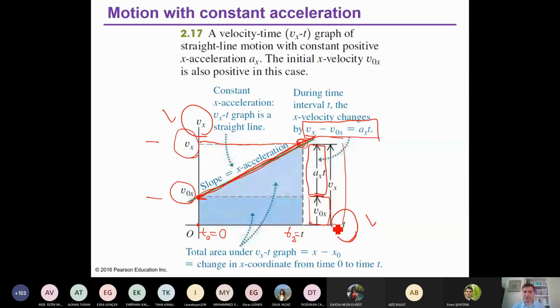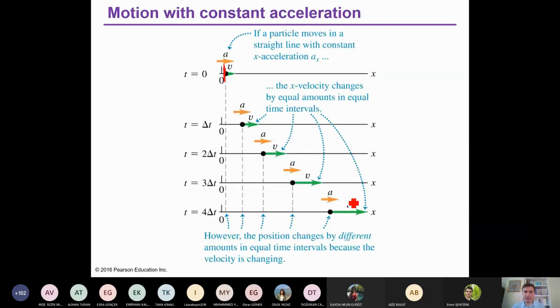So what is the area under this curve? Now I will show you the area under this curve. So this area. This is the area which is given by total displacement, okay? This is the initial position, and this is the final position, let's say.